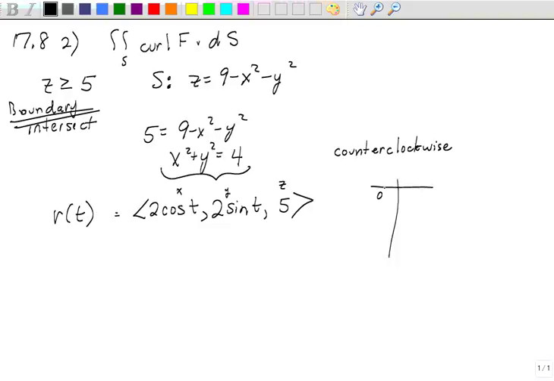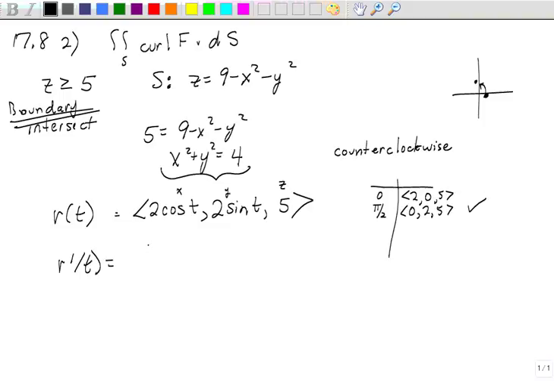At 0, this is going to be the point 2, 0, 5. Pi over 2 will be 0, 2, 5, so it'll be at 0, 2. So we are going counterclockwise, so make sure you always parameterize the curve right.